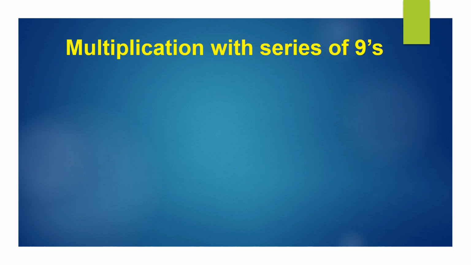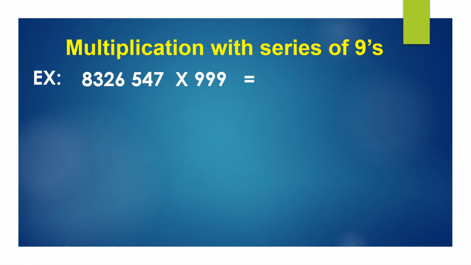Now let's consider one more example. 8326547 into 999, such a big number. So first step, see how many digits are there in 999. It's a 3-digit number. So we'll have a partition after 3 digits. So it's been divided into 2 parts now. The first step is, to the first part whatever you are having, plus 1.